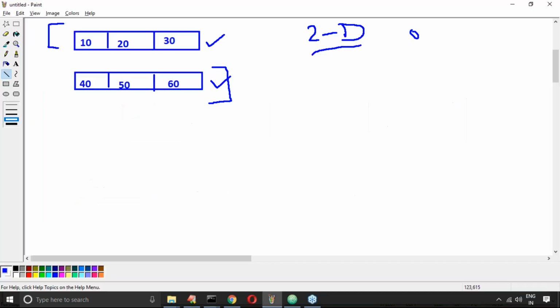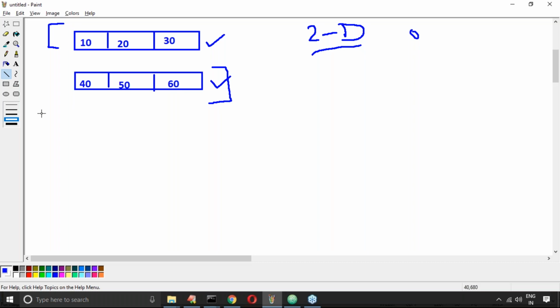Now observe that, sir. Can anyone tell what output we are going to get now? Consider the input rows, and then stack column wise.